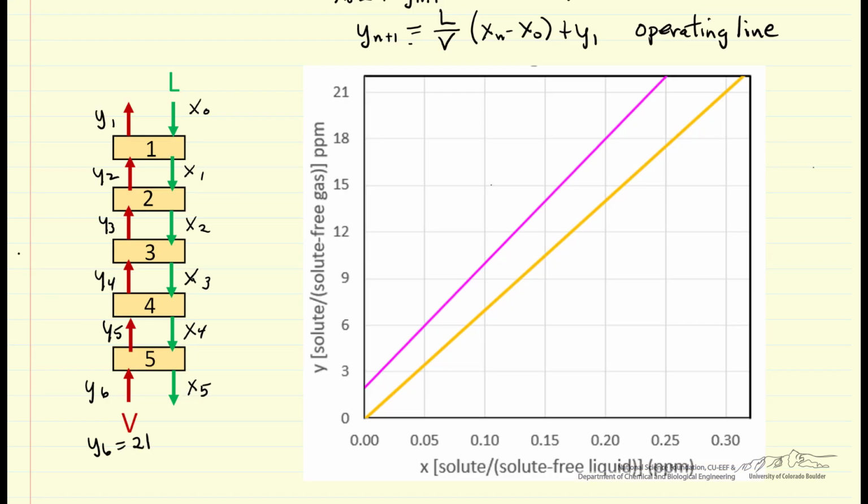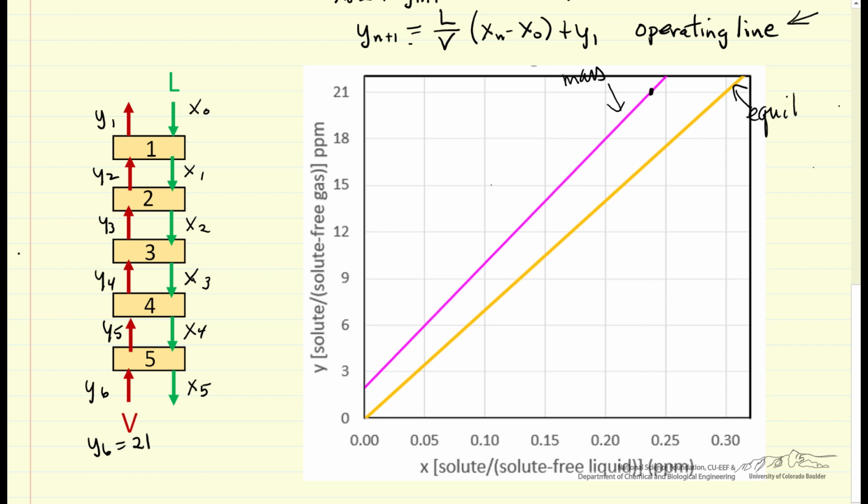So apply to some example values. This is the equilibrium line, Henry's law, so it's linear. This is the mass balance line, the operating line, and that's this equation here. And I picked a value for Y6 of 21. So that has to be on the mass balance line.